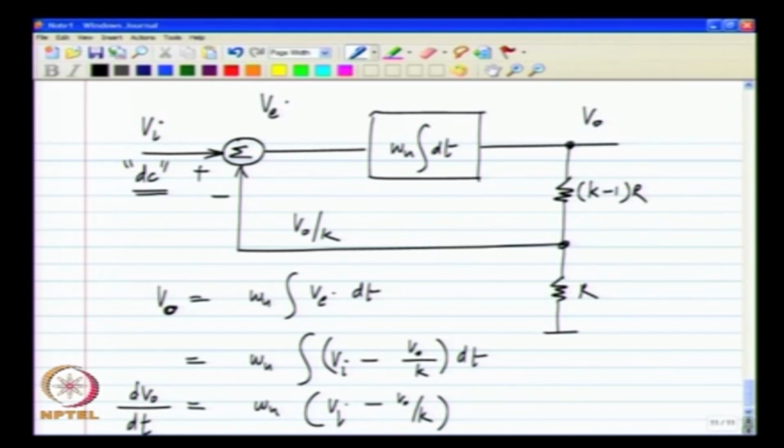So, this is the differential equation governing the system. We have to solve this equation and we will be able to see the behavior of the system, that is how V naught behaves when it is not equal to the desired value, how does it exactly get to the desired value.